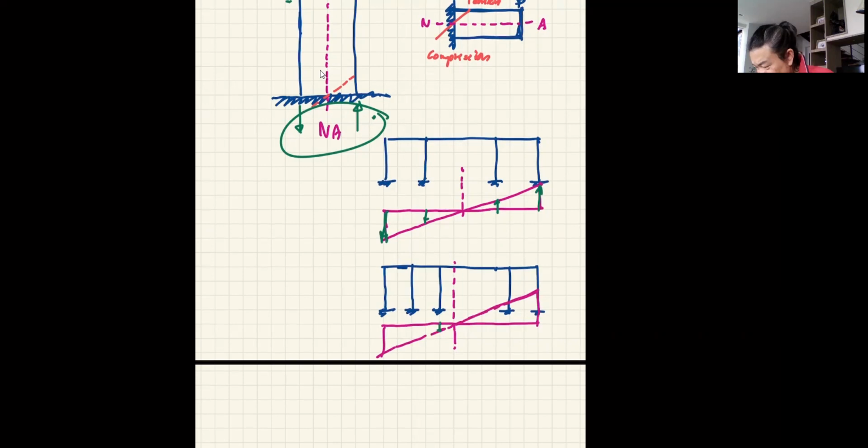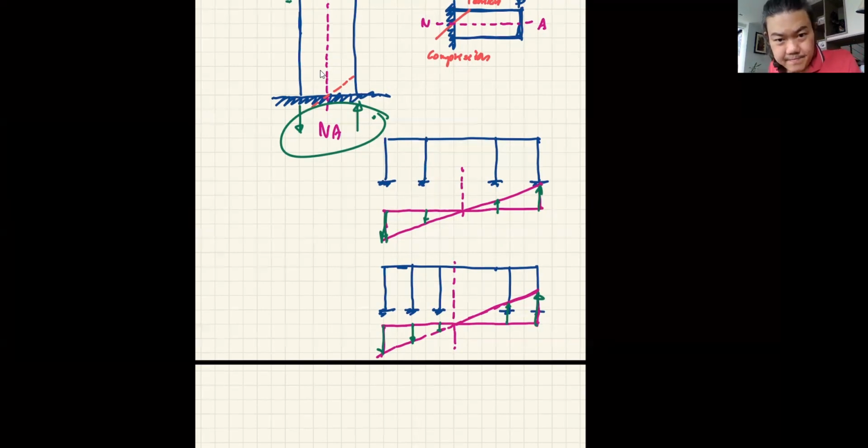Okay, this force will be this much, that much, and that much. But still, the moment produced by these forces in the columns must be equal to the moment produced by the lateral load. And this is the cantilever method, the last assumption that we can use to eliminate the last unknown.